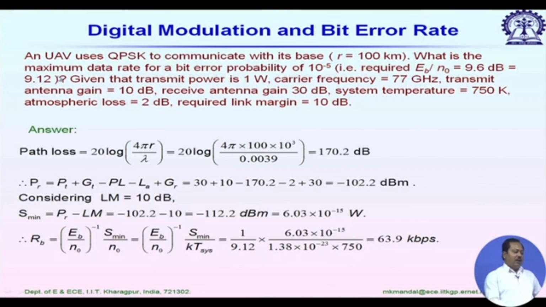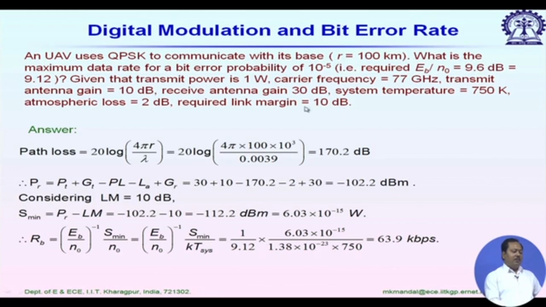Now, other data given: transmit power is 1 watt, carrier frequency 77 gigahertz, transmit antenna gain 10 dB, receive antenna gain 30 dB, and the system temperature 750 Kelvin. We also have some atmospheric loss of 2 dB, and the required link margin is very high, 10 dB.